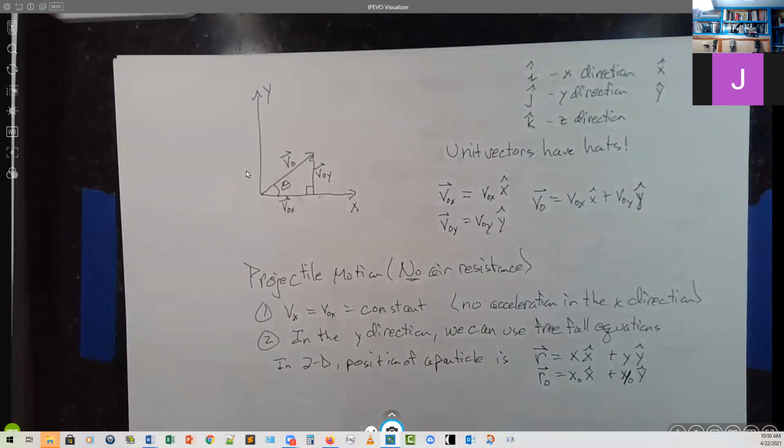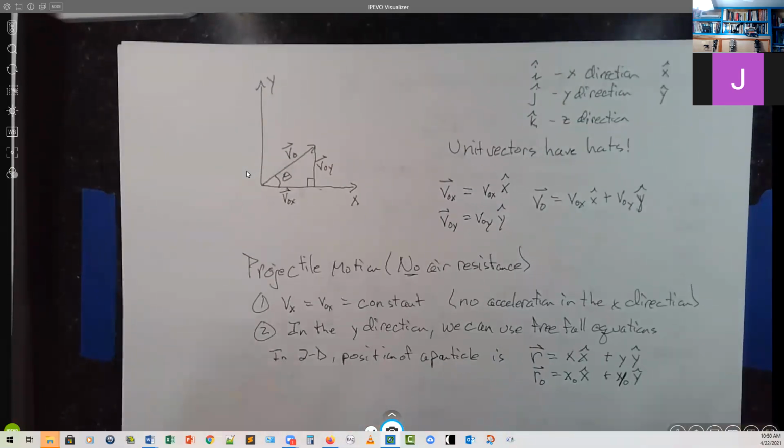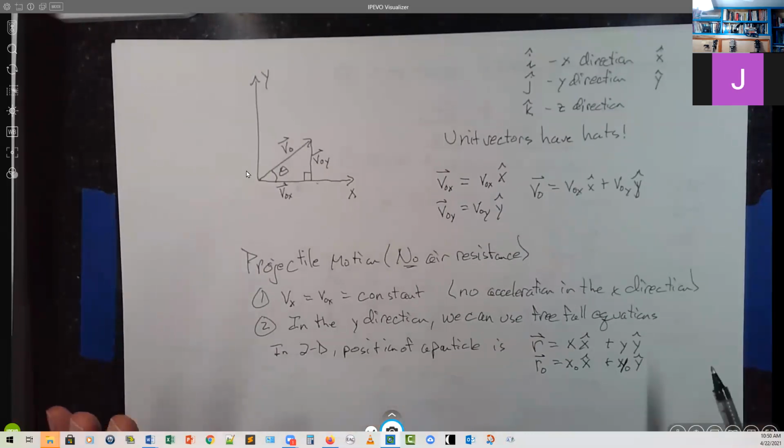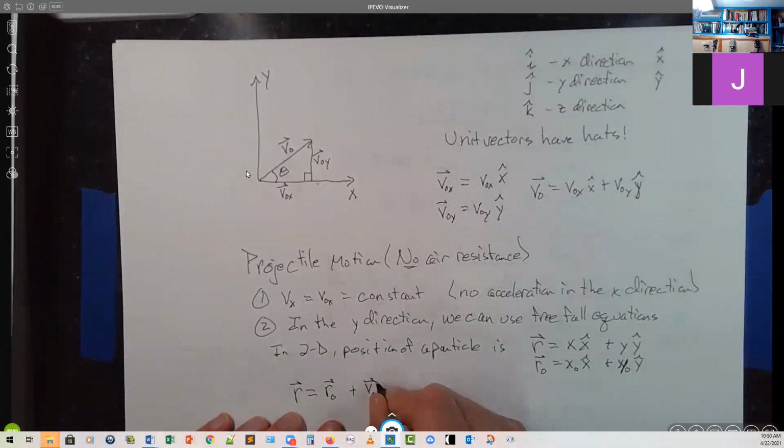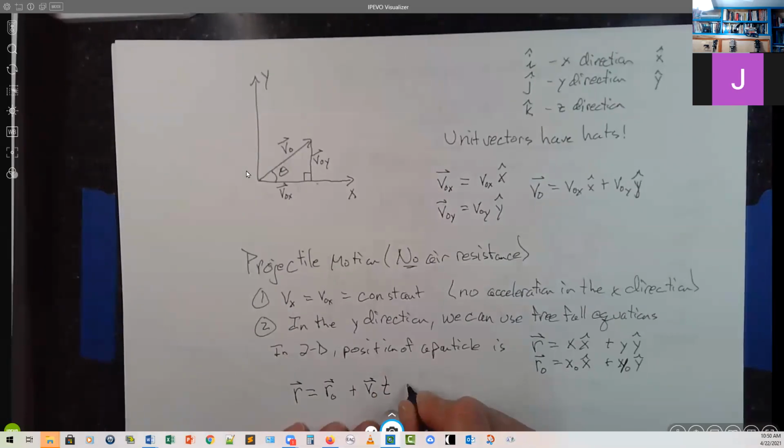It's hard to resist. Okay, now in general, if we have constant acceleration in 2 dimensions, here's what the equation can look like. It's going to look a little bit familiar. We could have that r, the position of the particle, will equal r naught for the particle plus v naught as a vector times t plus 1/2 the acceleration as a vector times t squared.